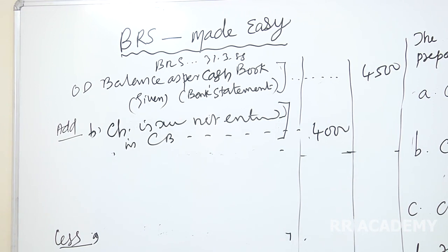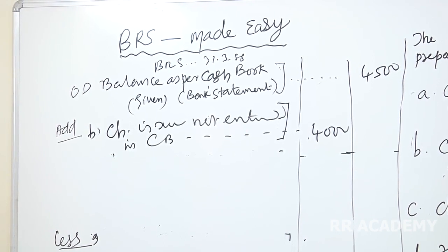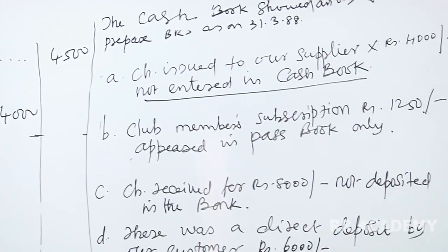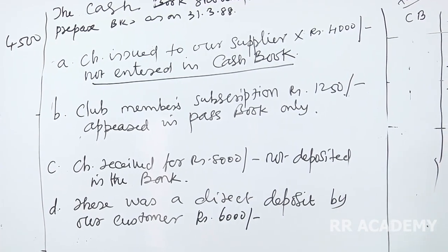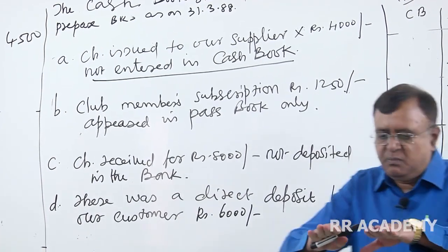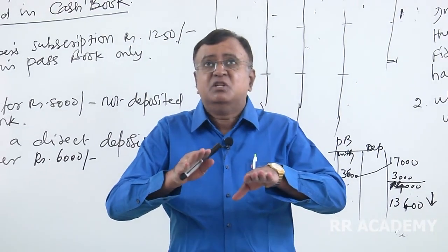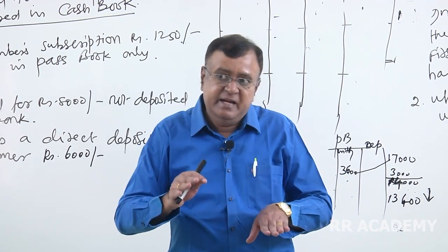Club member subscription. You can very well do this. Cashbook, passbook. Club member subscription. Which book will it appear in first? Passbook, because it is a debit item.